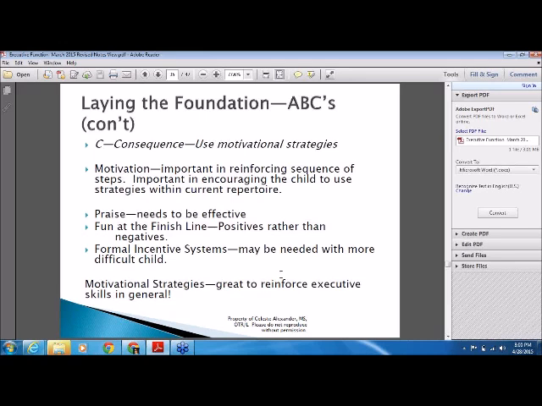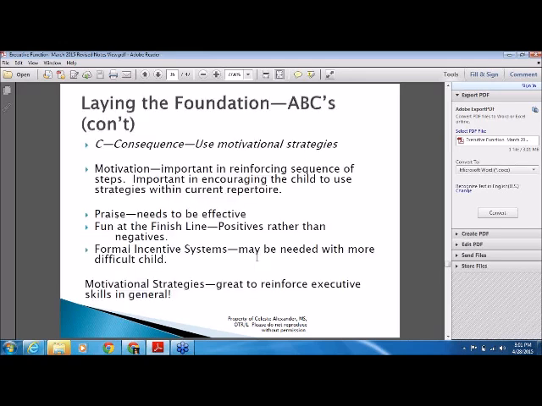That's how formal that can be, which is sometimes called a BIP or a behavior intervention plan in the IEP. So it can be very, very laid out. It can be very specific, okay? So again, it could be a chart, a sheet, a behavior contract. And they've got examples of these in the book for you to use. So you don't have to recreate the wheel, okay?